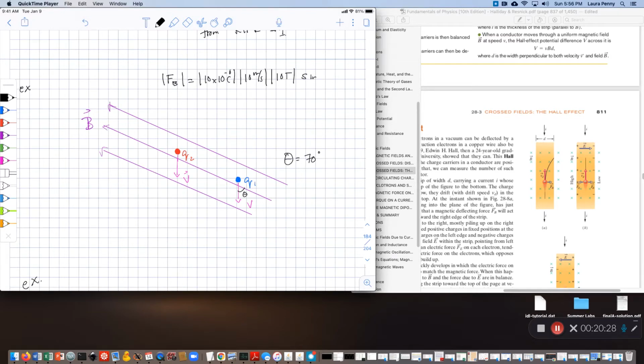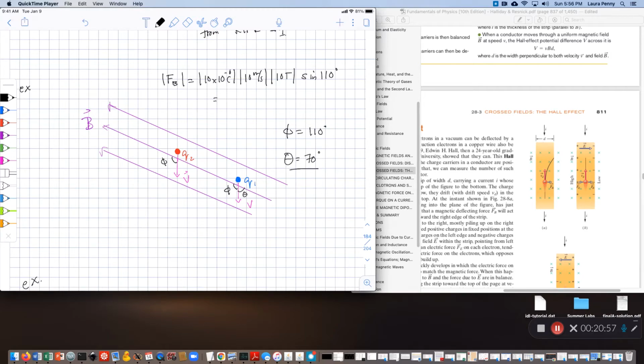But now my angle between my magnetic field and my velocity, if the smaller angle is 70, then phi is 110 degrees, right? And so I say 110 times that, sine of 110.